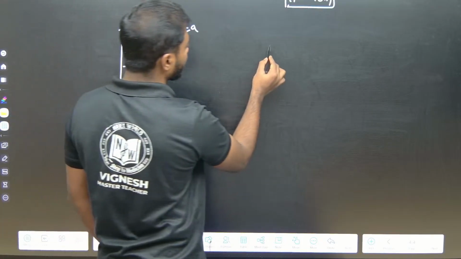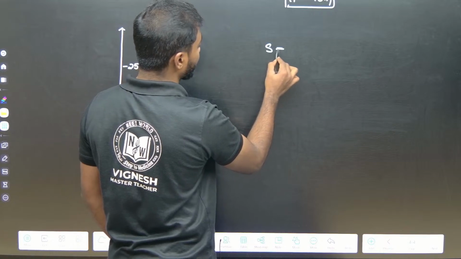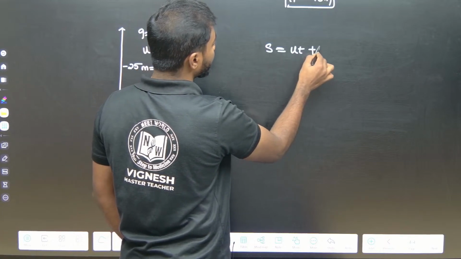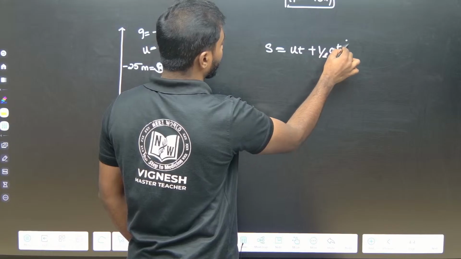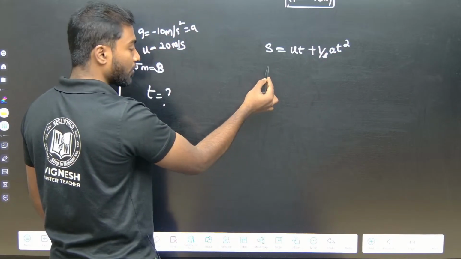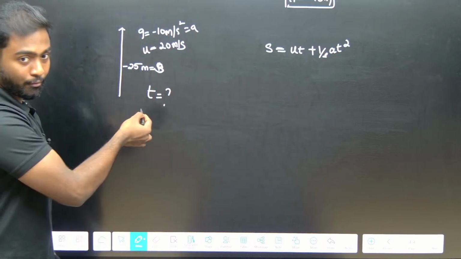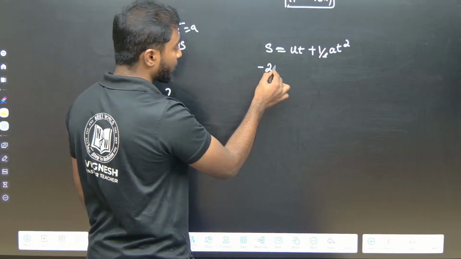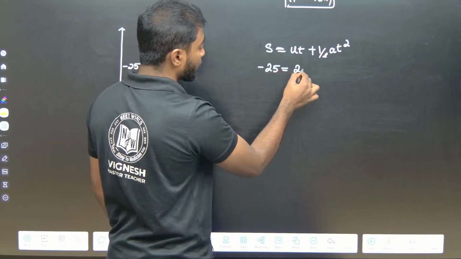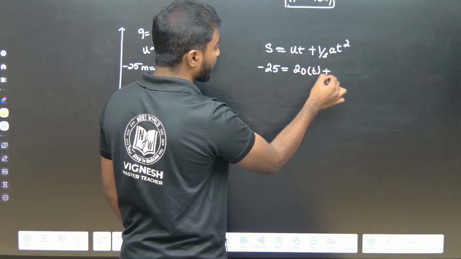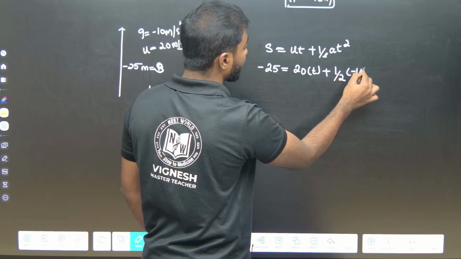So I can use the third equation, s equals ut plus half at square. What is s? I know it is minus 25. So minus 25 equals 20 into t plus 1 by 2 into minus 10 into t square.